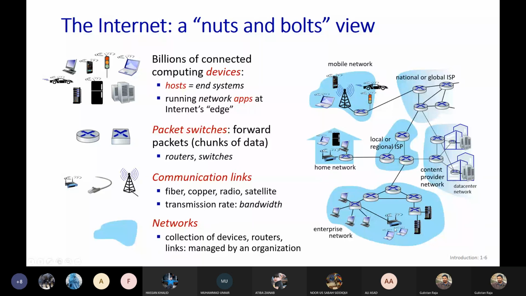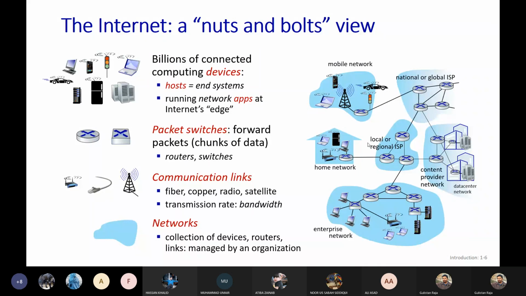These are collections of networks, and these networks have the same devices which I have told you earlier: devices and systems, routers, links, and they are managed by different organizations. Let me tell you that the internet is not owned by a single organization in the world.